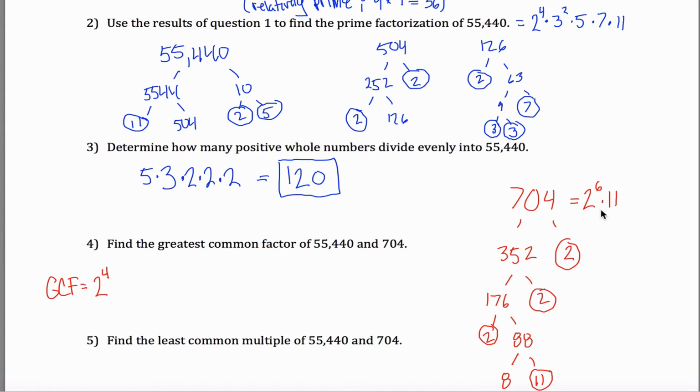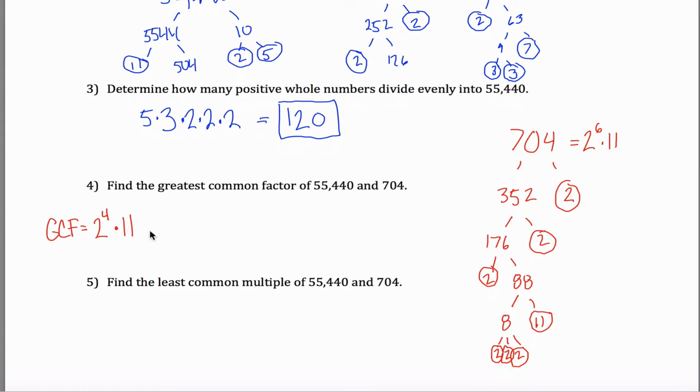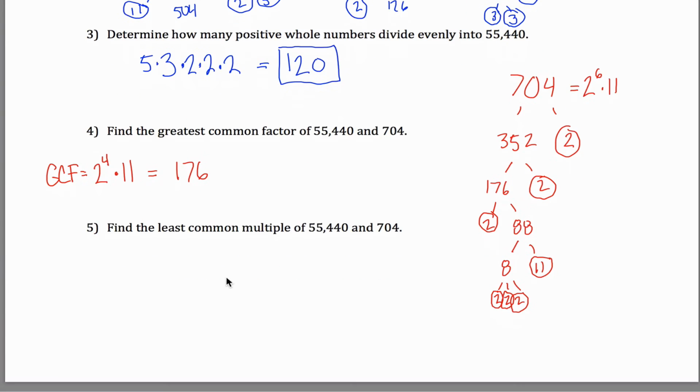I have a 3 here, but no 3's down here, so the smaller of the exponents is a 0. There doesn't get any 3's. No 5's down here, no 7's down here, but I have an 11 in both of them. So my greatest common factor is 2 to the 4th times 11. 2 to the 4th is 16, and 16 times 11 is 176. So the greatest common factor is 176.